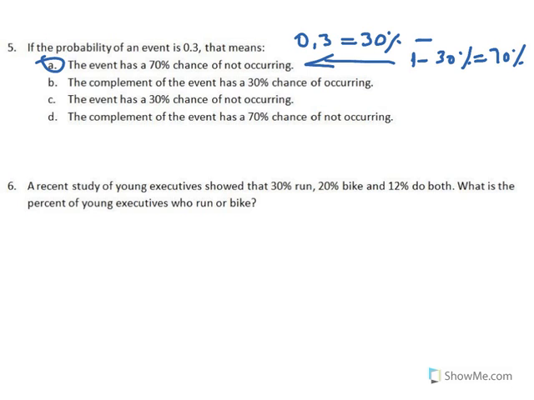You don't really need to go into the other B, C, or D choices because we just found the correct answer. So the event has a 70% chance of not occurring when a 30% chance has occurred already. So 30% chance occurring, 70% chance not occurring, that would be a total of 1, and that is the total of 2 complementary events.